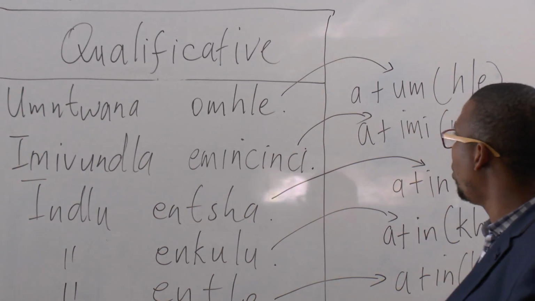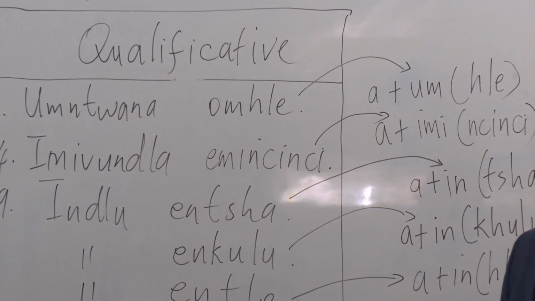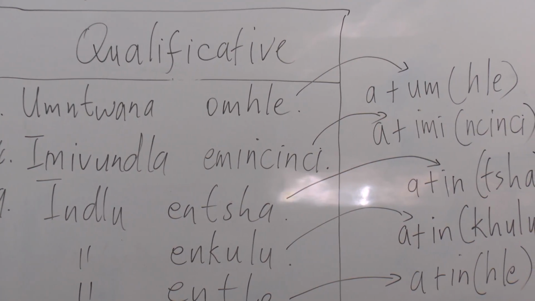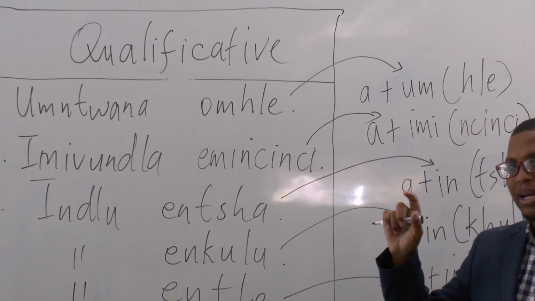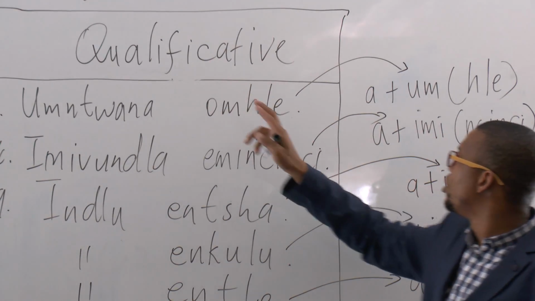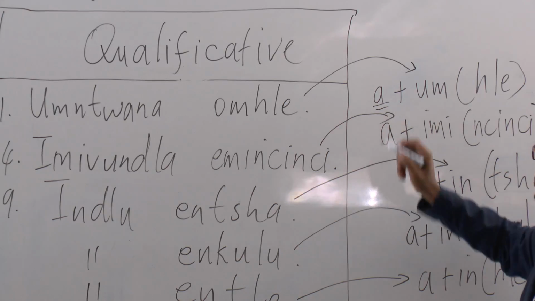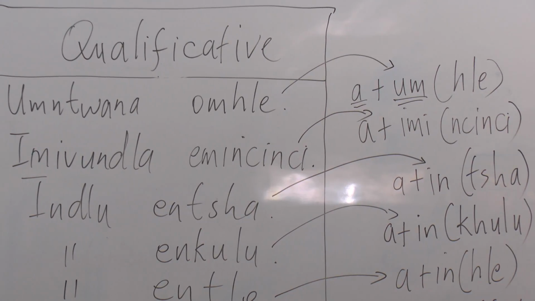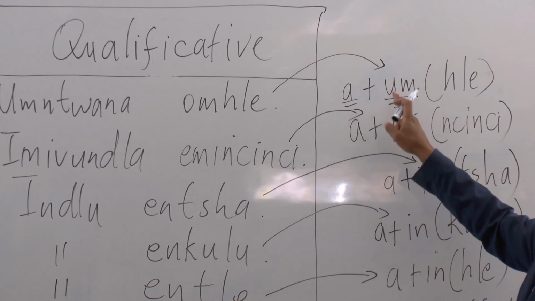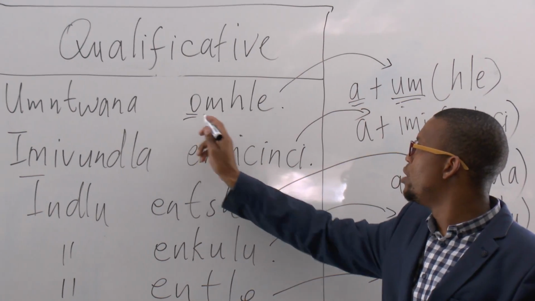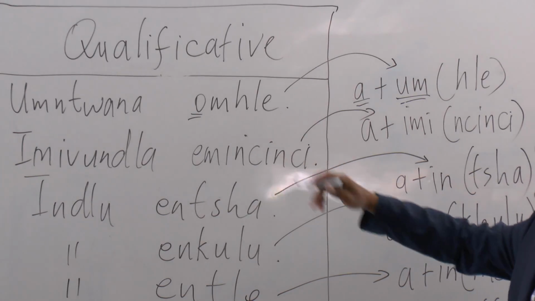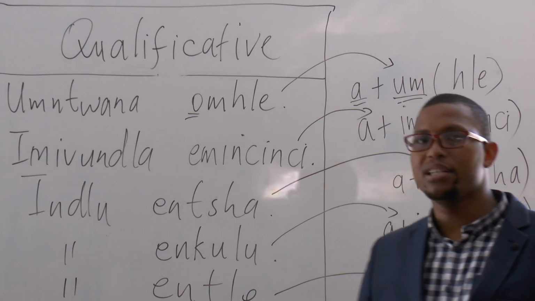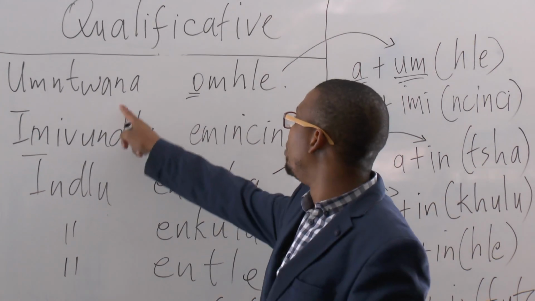In the case of an adjective as a qualificative, you always have affirmative A followed by the actual prefix followed by the adjective itself. When A is added to U, it gives us O, followed by M, and then hle, and you get umntwana omhle.